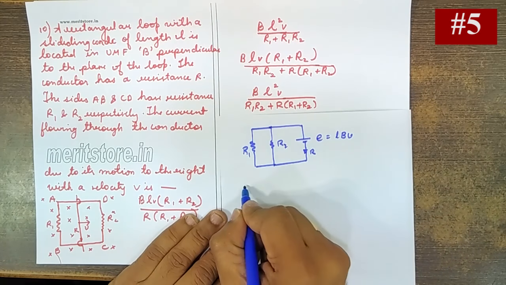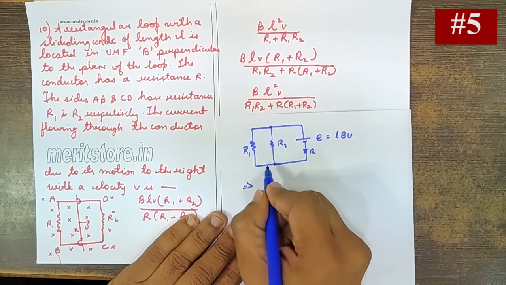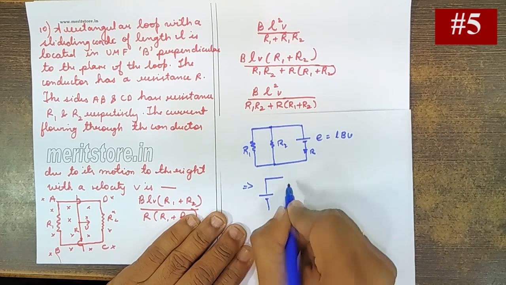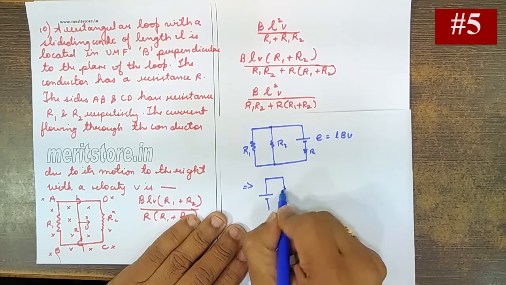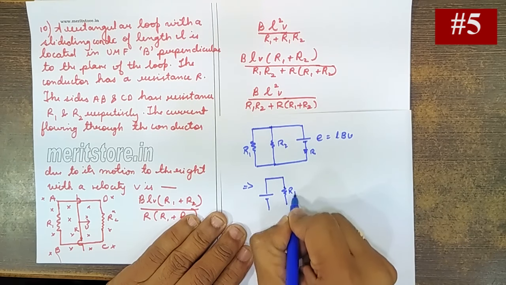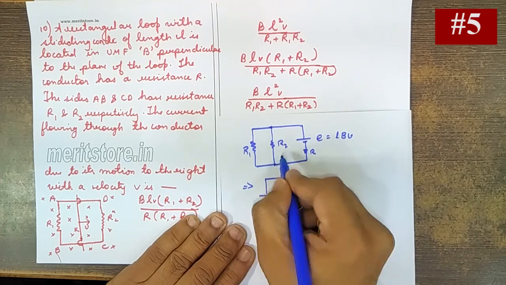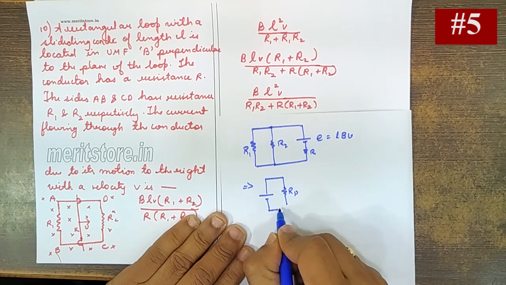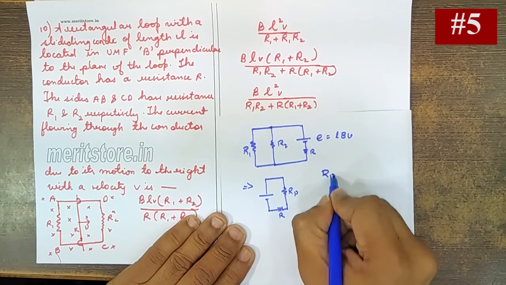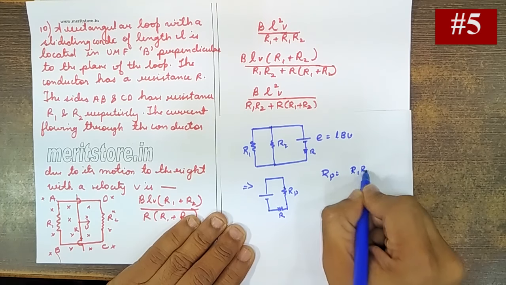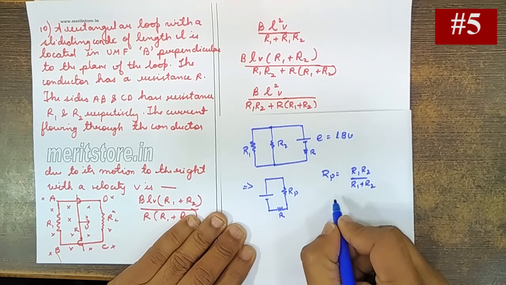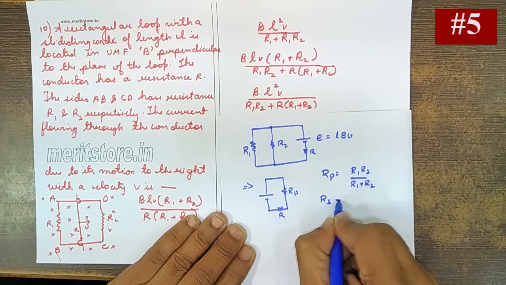So this resembles an equivalent diagram which is RP, R1 and R2 parallel RP, and in series with this is your R. Now resistance in parallel will give me R1 R2 upon R1 plus R2, that is product upon sum, and in series RS will be equal to RP plus R.